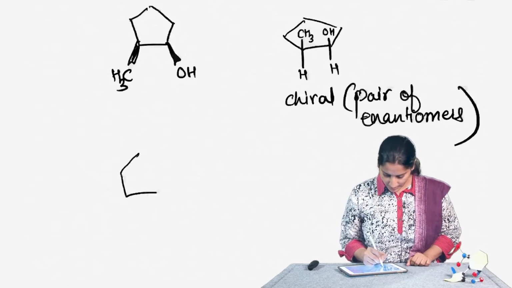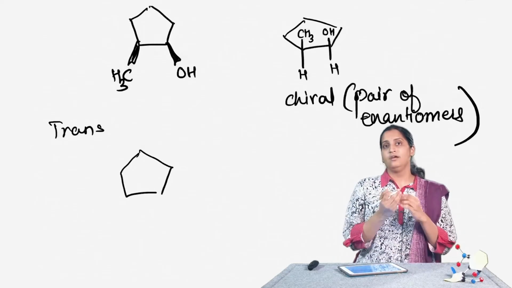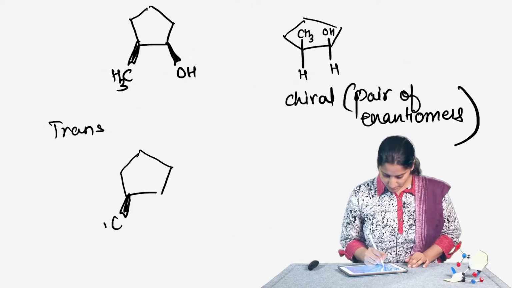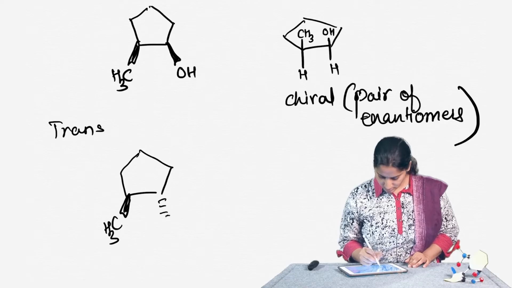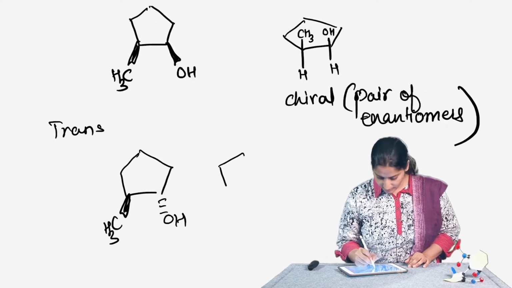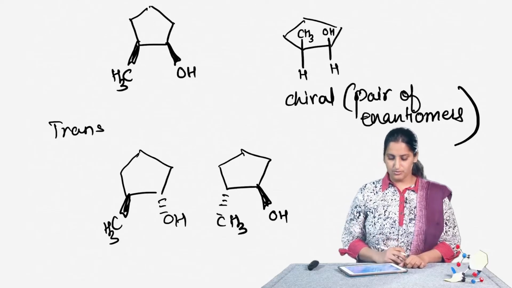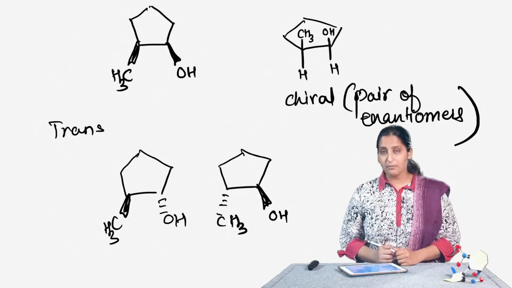Now, if I take the trans compound, in the case of trans 2-methyl cyclopentanol, trans meaning they are going in opposite directions. So, either the methyl is coming towards you and the OH is going away from you, or it could be such that the OH is coming towards you and the methyl is going away from you. Both of these are possible representations of the trans compound.